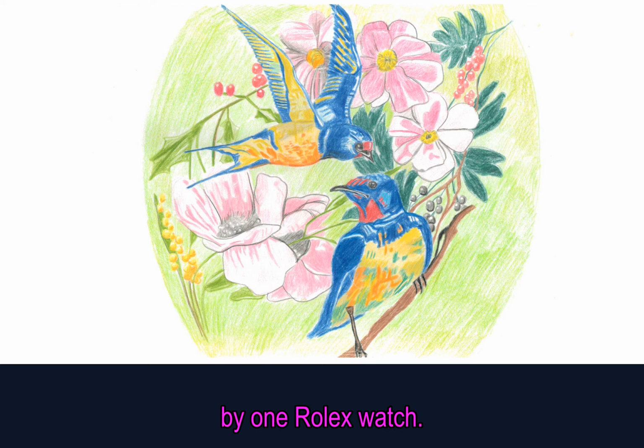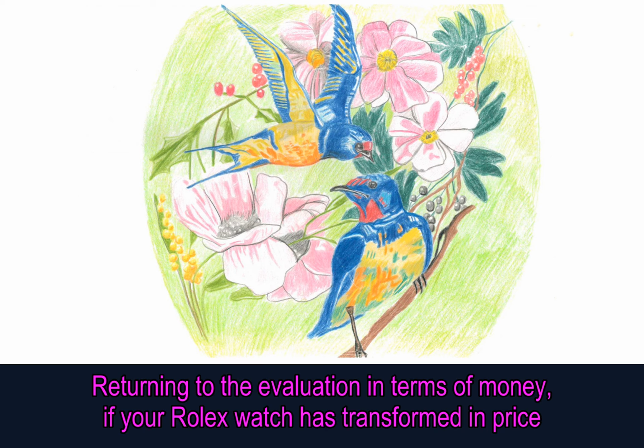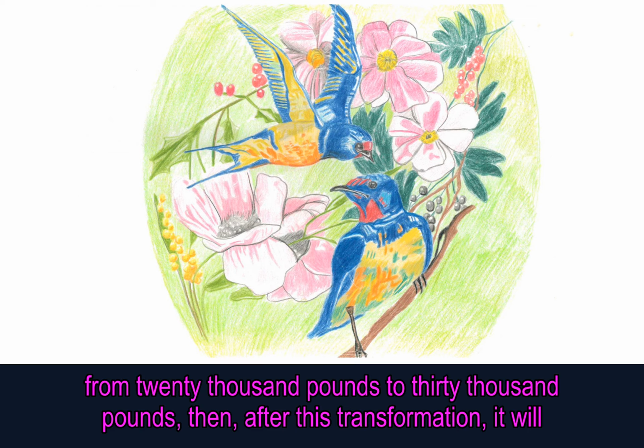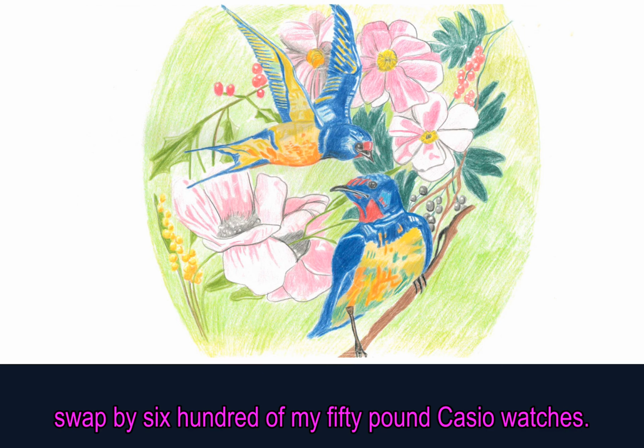Returning to the evaluation in terms of money, if your Rolex watch has transformed in price from £20,000 to £30,000, then after this transformation, it will swap by 600 of my £50 Casio watches.